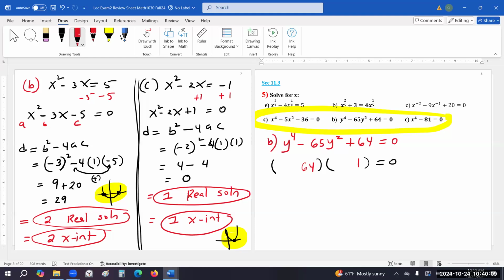So they're correct. 64 has to be negative because our middle term is negative. So if 64 is negative, 1 has to have what sign? So we have negative 64 minus 1. What is that? Negative 65. And if you multiply them, negative 64 times negative 1, it becomes positive 64, the constant term.